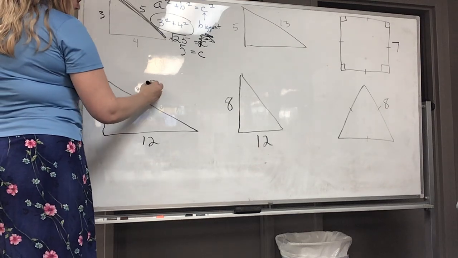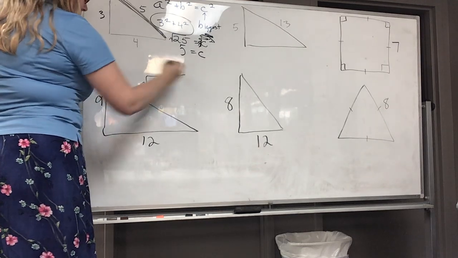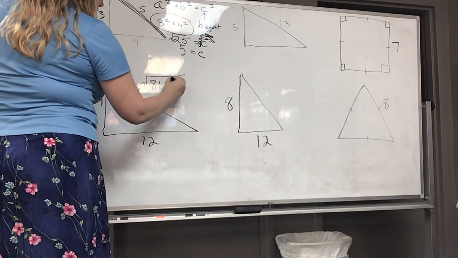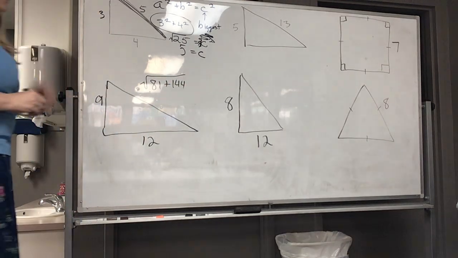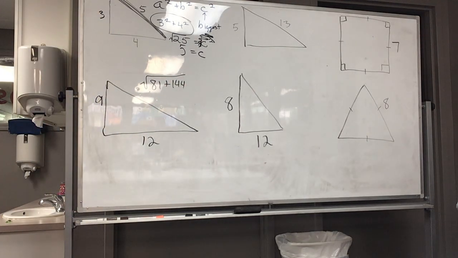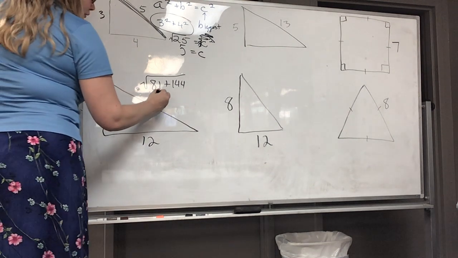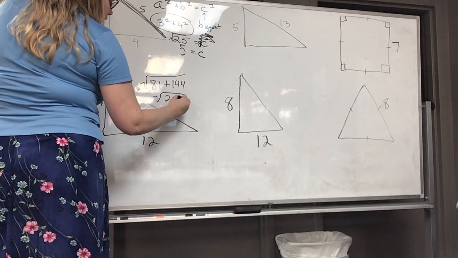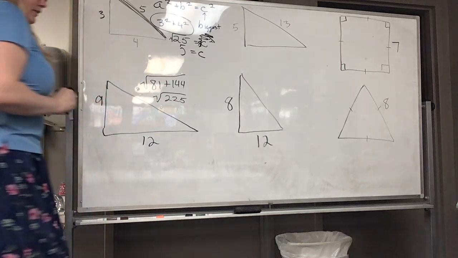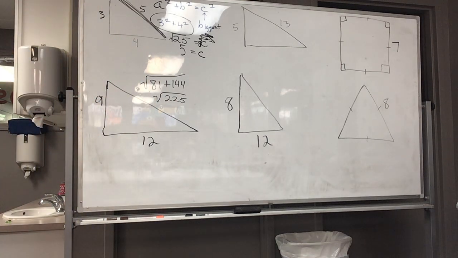So, we have the square root of 81 plus 144, which added up to the square root of 225. What was the square root of 225? 15.